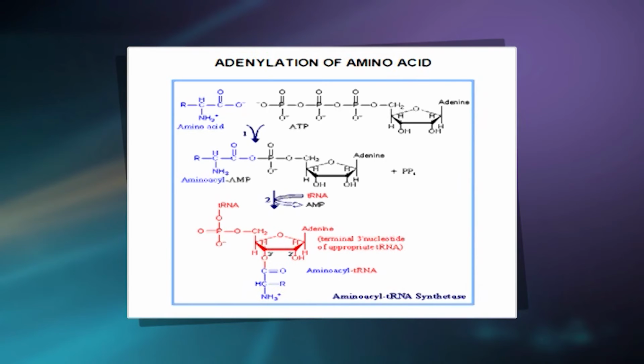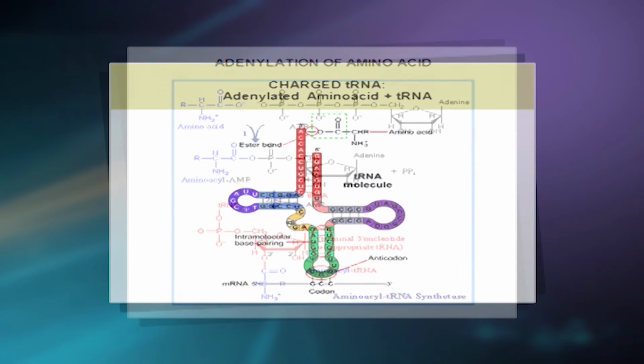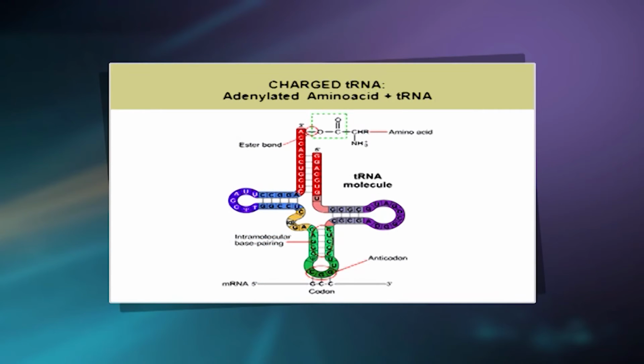tRNA is charged by forming ester bond between the COOH group of the amino acid to the 2' or 3' OH group of the adenyl group at the end of the acceptor arm, as shown in the following figure. The charging of tRNA is catalyzed by the enzyme aminoacyl tRNA synthetase.